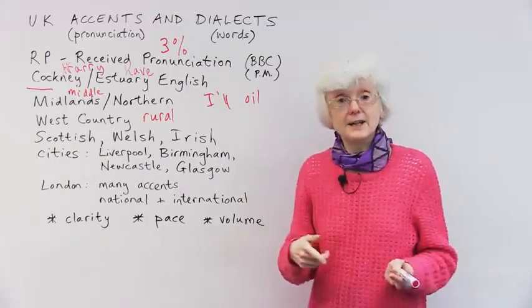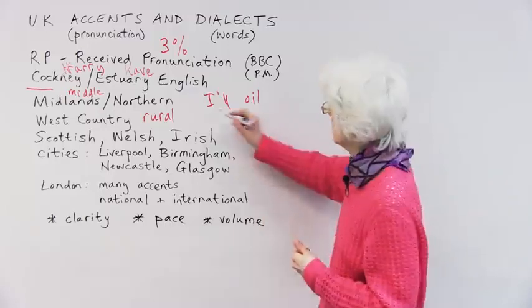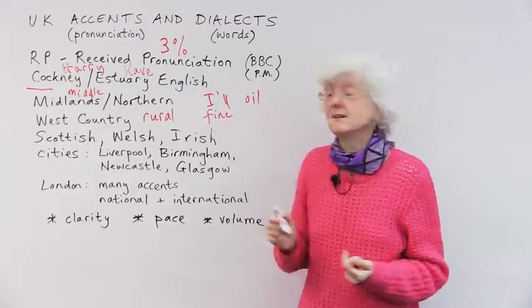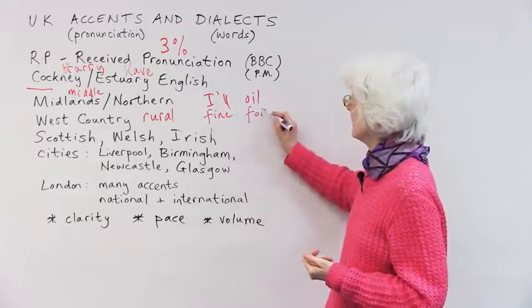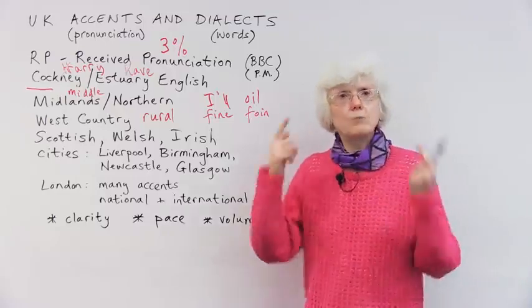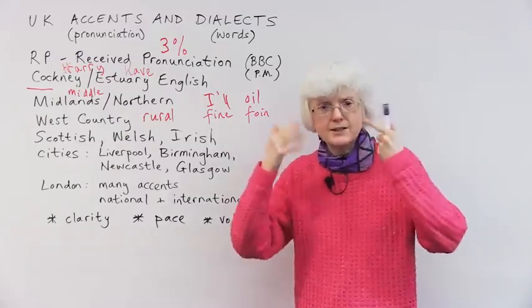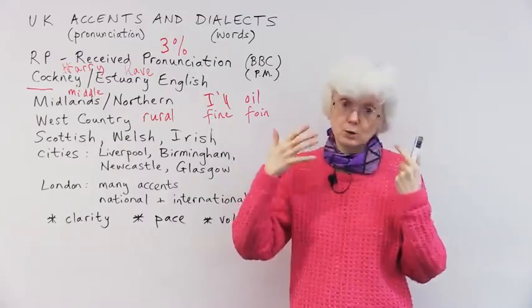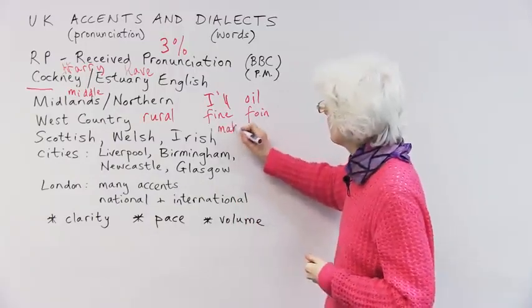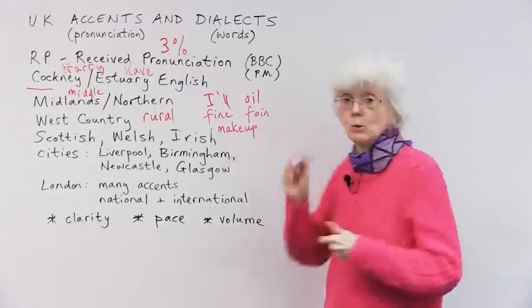If they say fine, we say fine, okay. But they say foin, so like that. And the word for the cosmetics that you put on your face, which we call makeup, all one word.